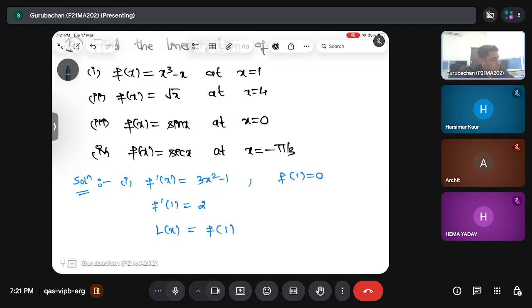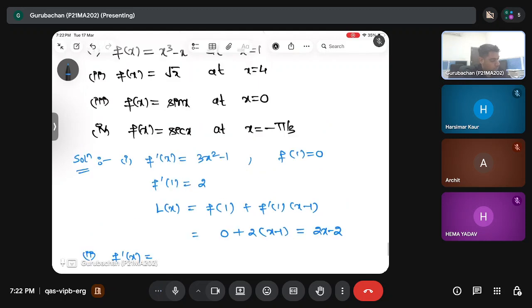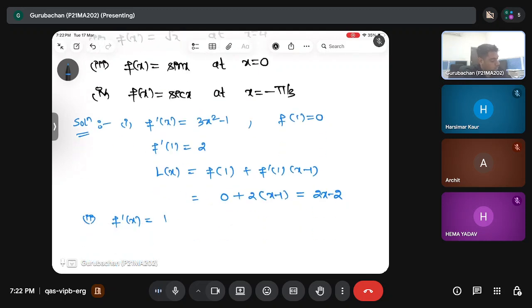So f of 1 plus f dash at 1 into (x minus 1) will be 0 plus 2 times (x minus 1), which is nothing but 2x minus 2. Second one: f dash x, this was under root x, so this will be 1 by 2 under root x, and f dash at 4 is 1 by 4, and f at 4 is 2.